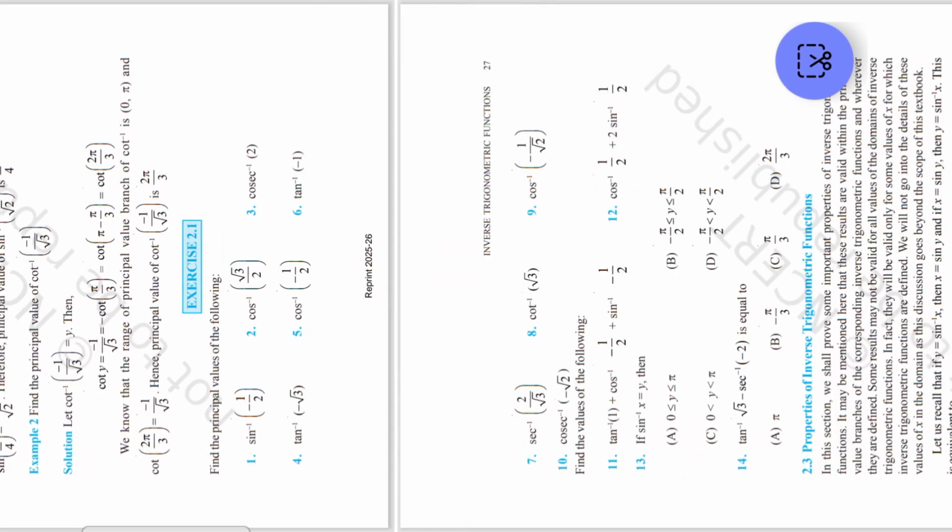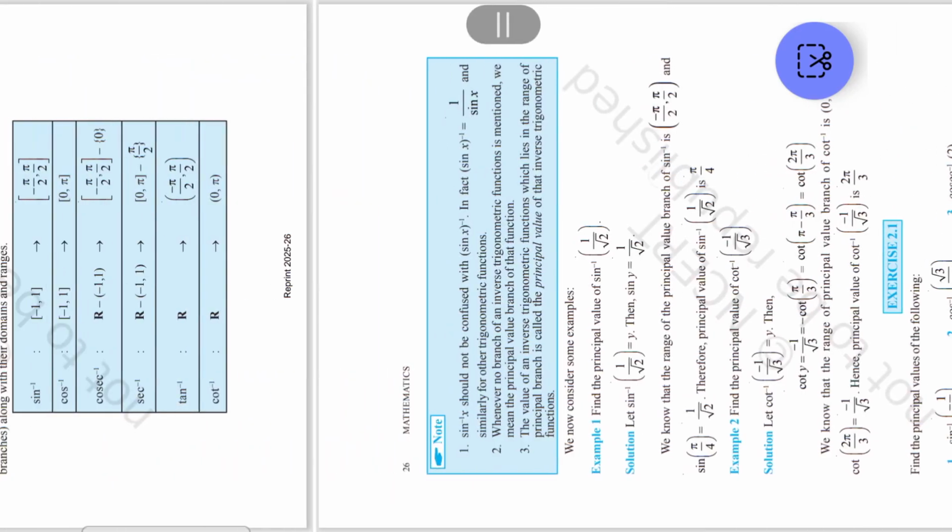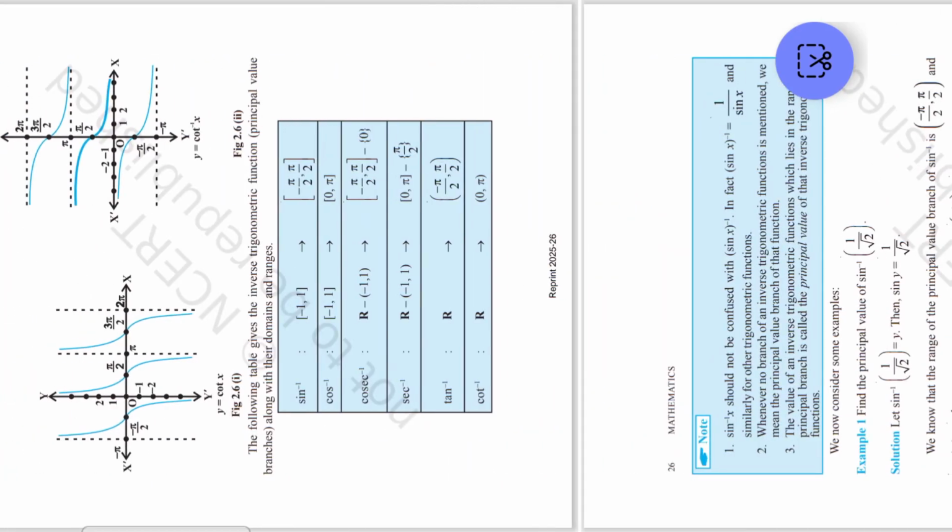So in this chapter they ask: find the principal value of cot inverse of root 3, tan inverse of minus root 3, like that. And the 14th question, tan inverse of root 3 minus secant inverse of minus 2 equal to, like this question asks. Sometimes asked for 2 marks. So understand this table, domain and range of the functions. Domain and range of the functions are also important.